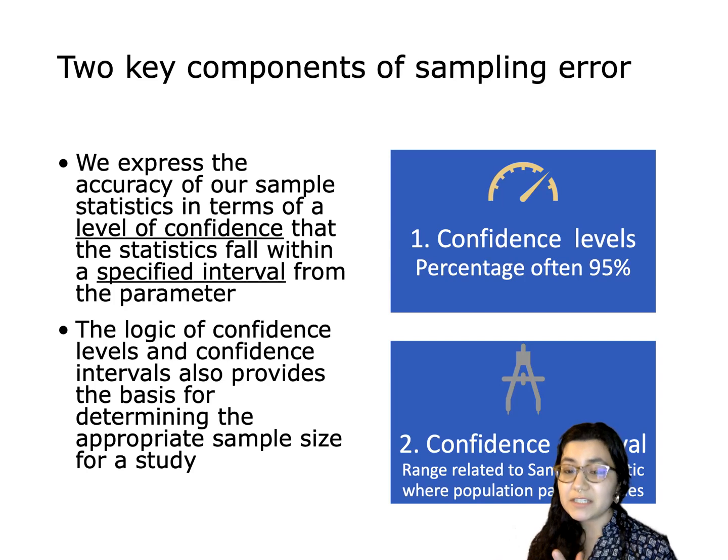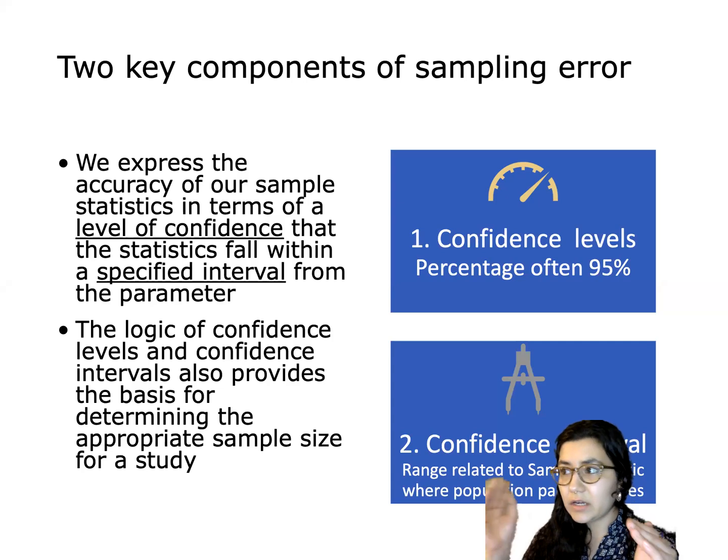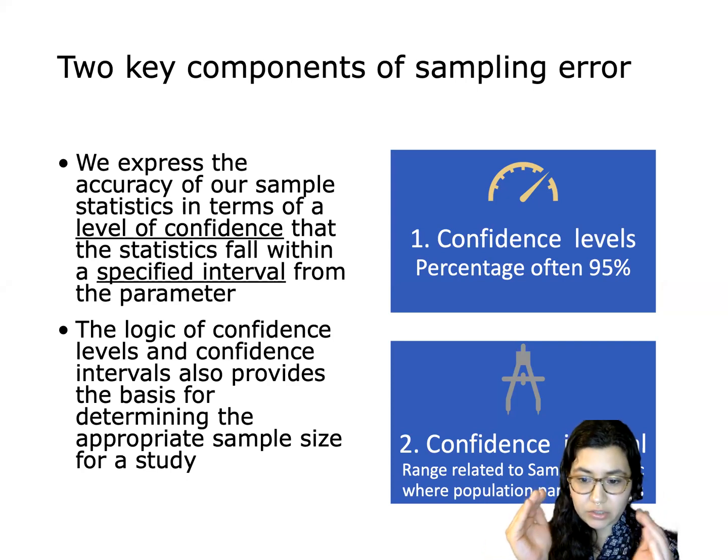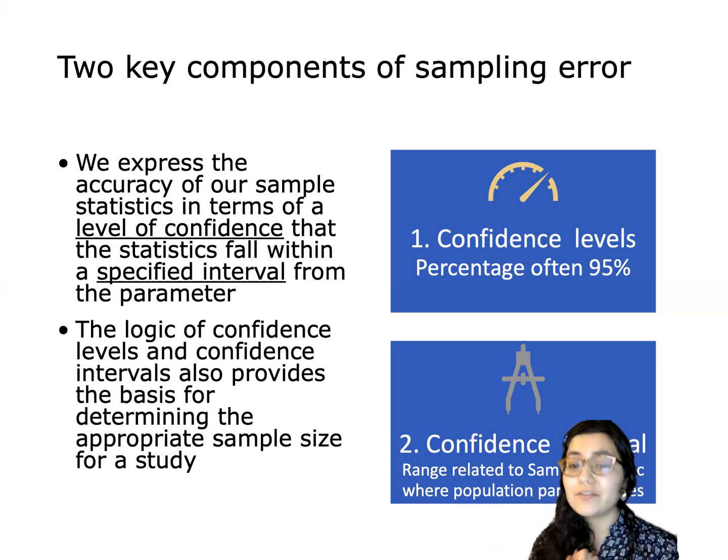And so this specified interval from the parameter that we're talking about is like part of that echolocation that I was talking about. It helps us determine within this particular range that we can understand the location of the population parameter. And so confidence levels are often put at 95%.